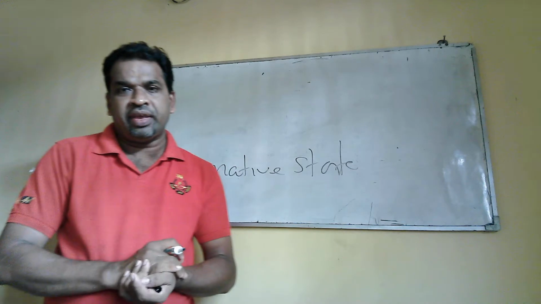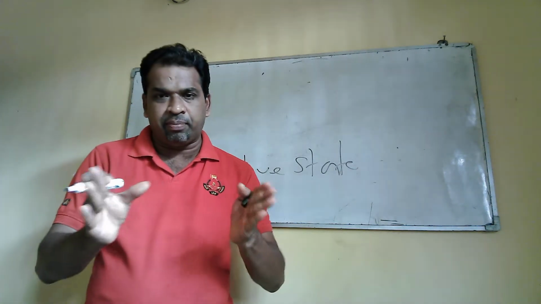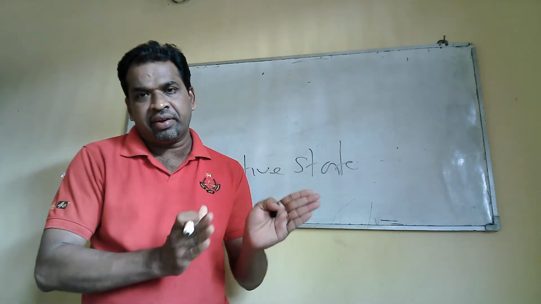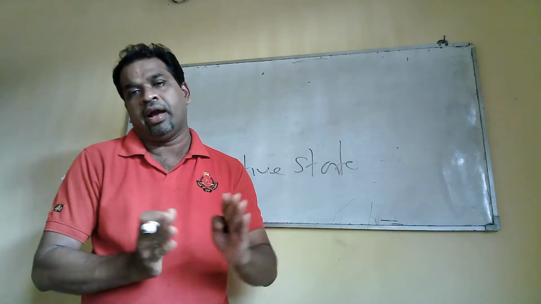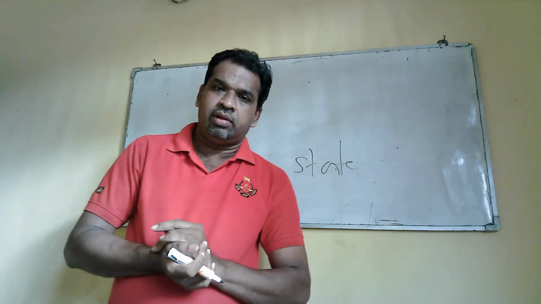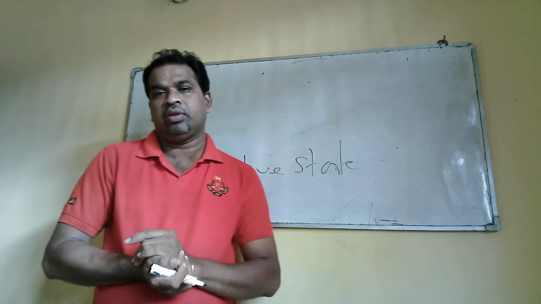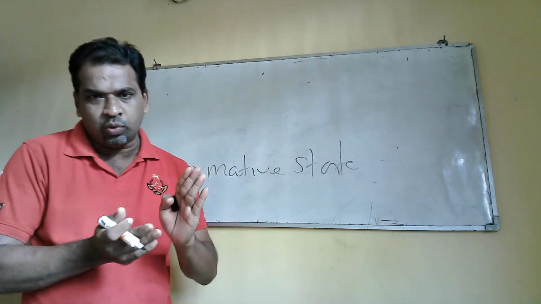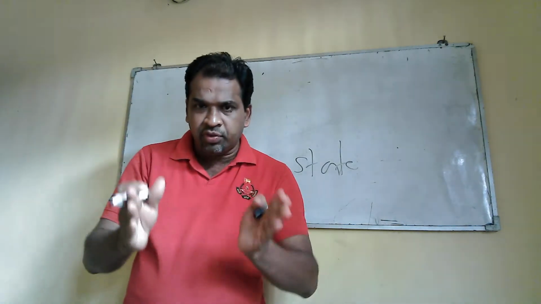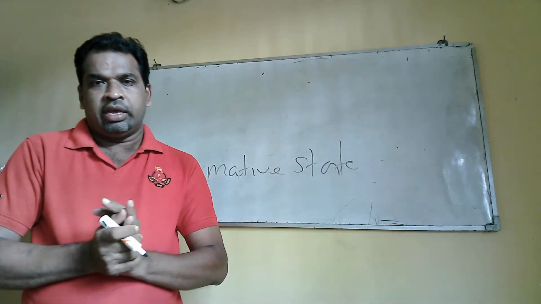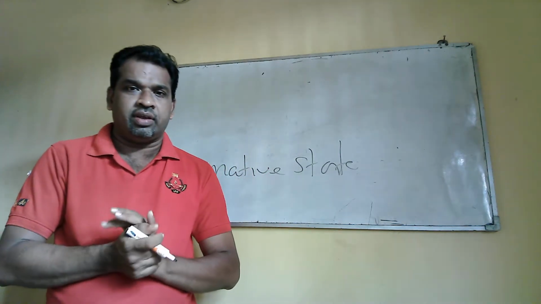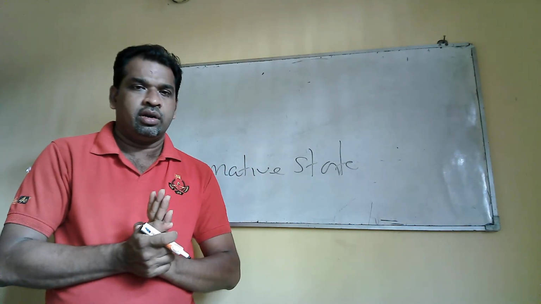For example, if the government has increased the price of petrol by 50 rupees, somebody can say increasing the price of petrol by 50 rupees is unfair for the motorists. That is a personal view, a personal opinion. Somebody says the government has to provide new job opportunities for the graduates. That is also a personal opinion. Or, the government should implement new projects in the country to develop the country.